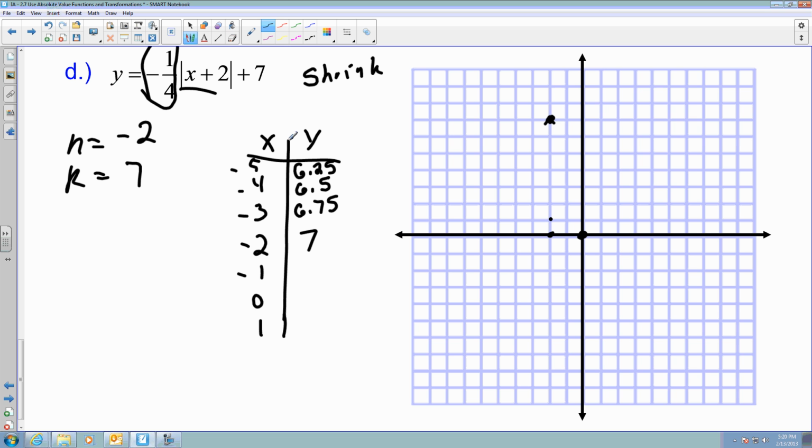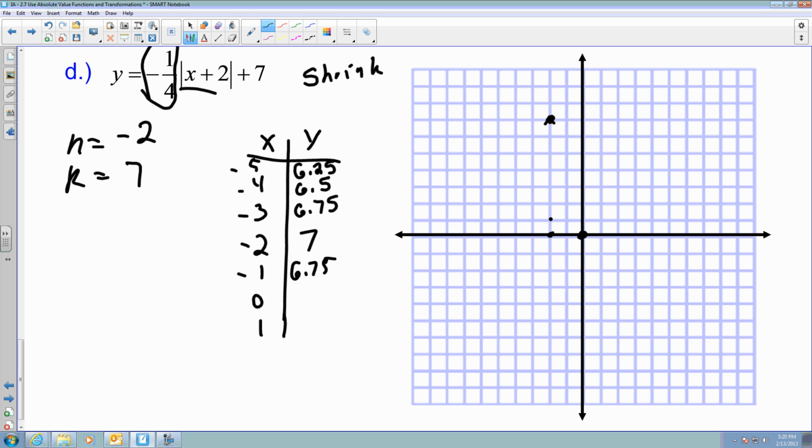Now I'm going to go -1 plus 2 gives me 1. Absolute value of 1 is 1. 1 times a -1/4 is a -1/4. -1/4 plus 7 goes back to 6.75. And if my x is 0, that gives me an absolute value of 2.